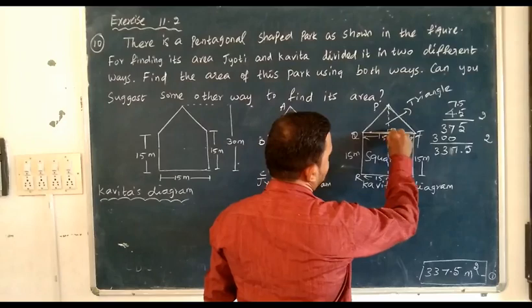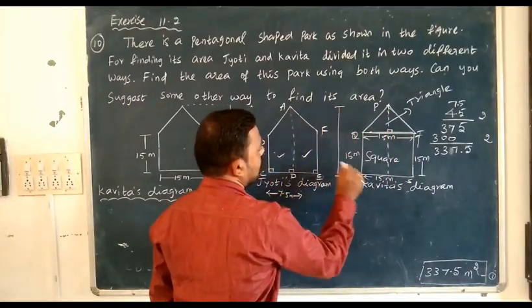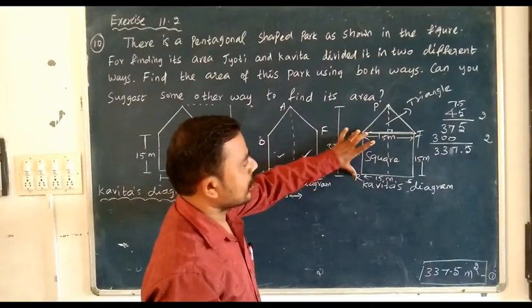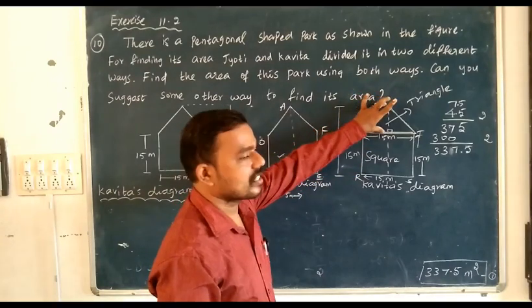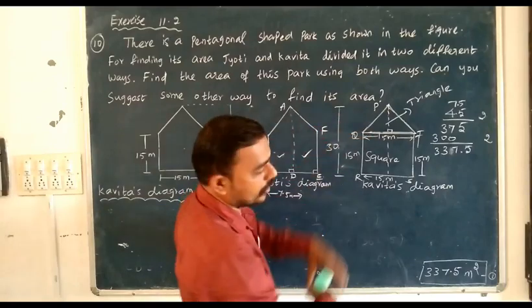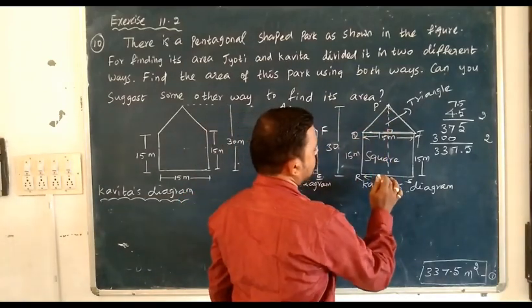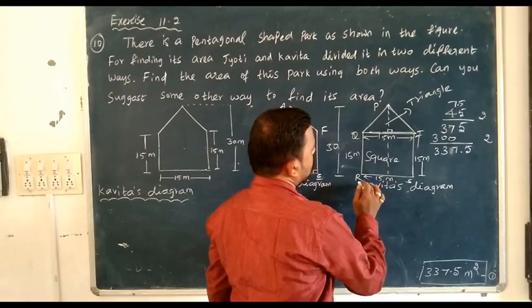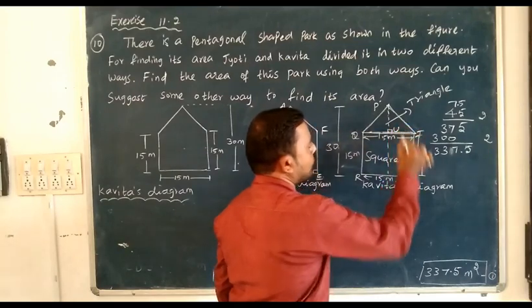Think about the whole distance is 30. This distance is nothing but 15. So I need only this distance. This distance is nothing but 30 minus 15. P, Q, R, S, T. This point is U.